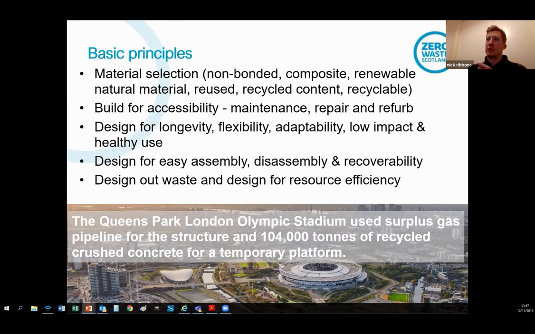We also want buildings to be built for accessibility. So that's not in terms of mobility, of course that's a requirement, but in terms of being able to maintain and repair those buildings and refurbish them. Quite often buildings are built without this in mind, so to access services and utilities, you need to cause some damage to the building, or do something invasive.